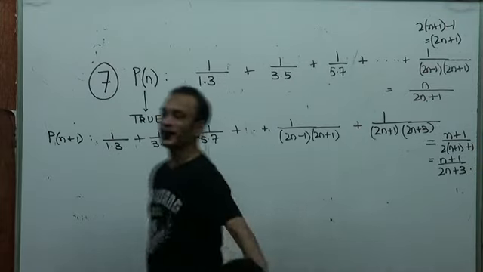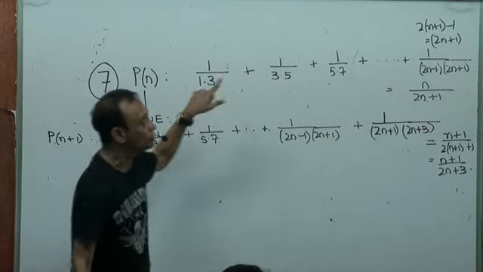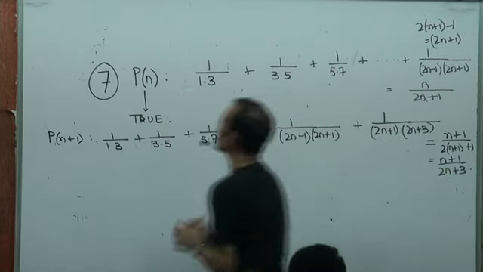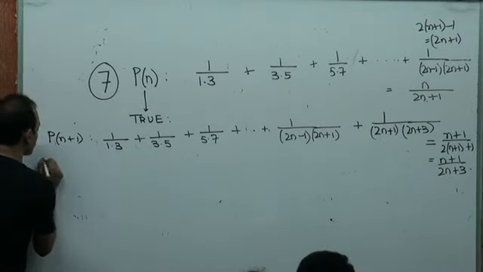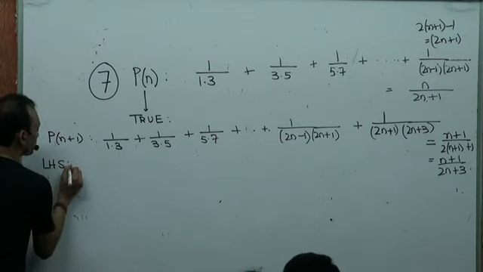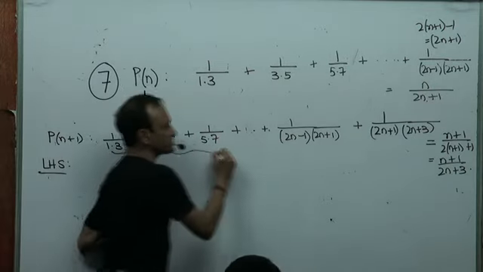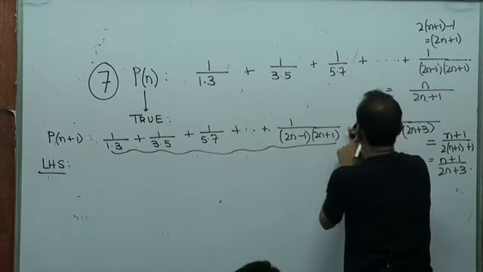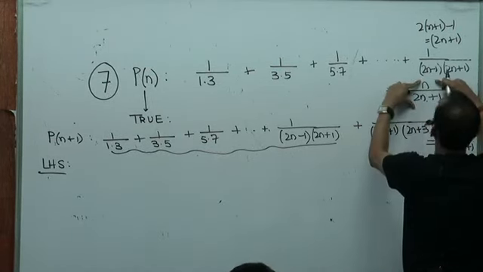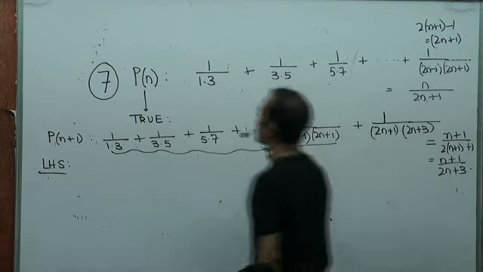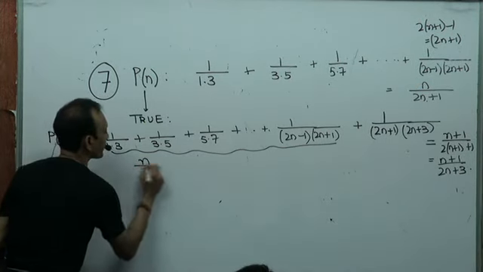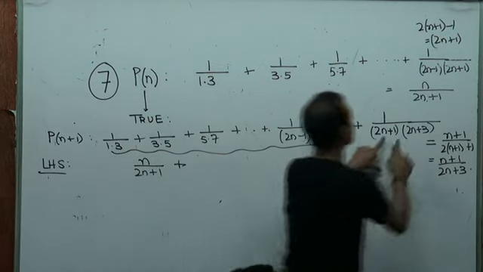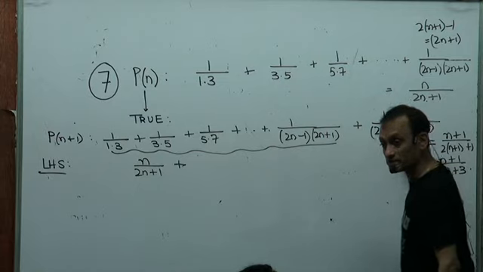If I can show that Pn plus 1 is true, given that Pn is true, then our proposition would be taken care of, right? Now, what is the left hand side of Pn plus 1? All terms up to this are part of Pn, which we have assumed is true. So up to this, Pn adds up to n by 2n plus 1. And then the last term is 1 by 2n plus 1 into 2n plus 3.